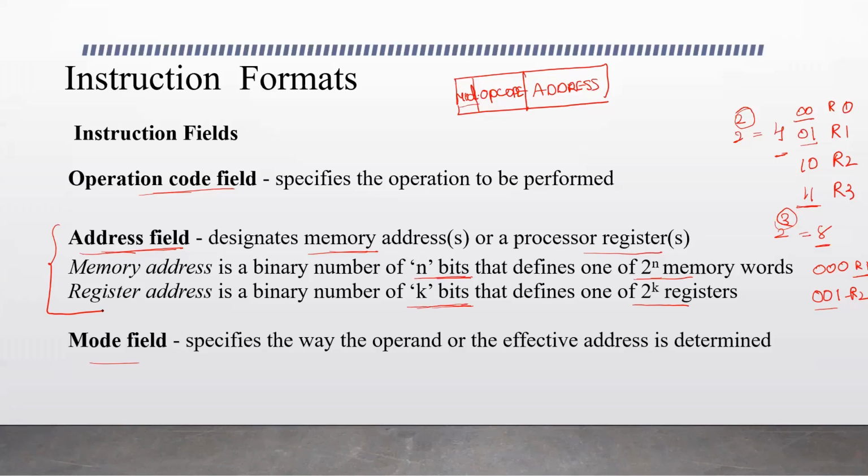The address field of an instruction can have one address, a single address, or it can have more addresses, depending on the operation performed, and it depends entirely on the internal organization of the CPU. So this we are going to learn in this class about the address field.